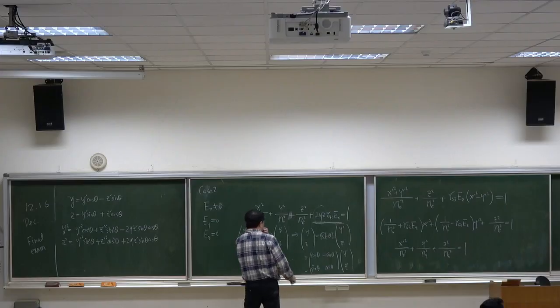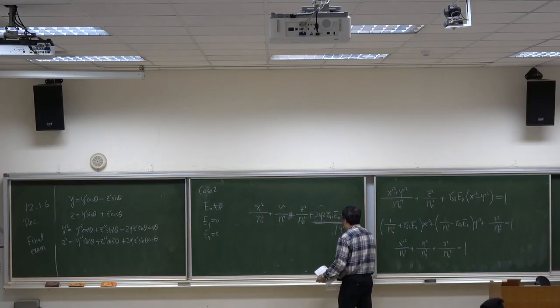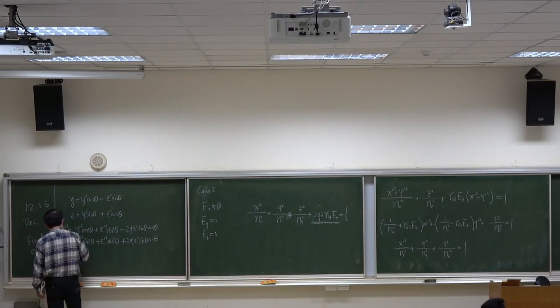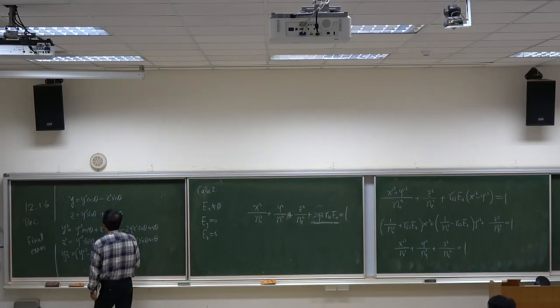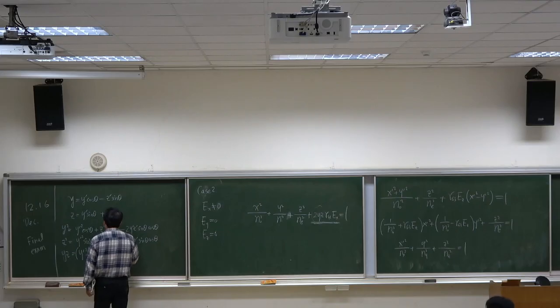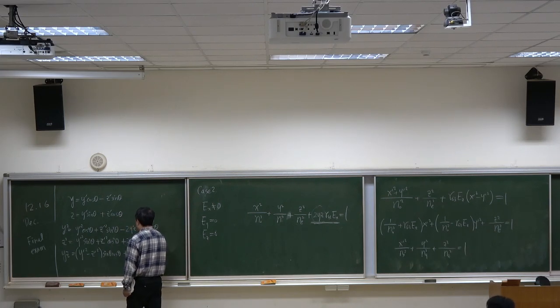And yz is y prime squared minus z prime squared, times sine theta cosine theta, plus y prime z prime times cosine squared theta minus sine squared theta.